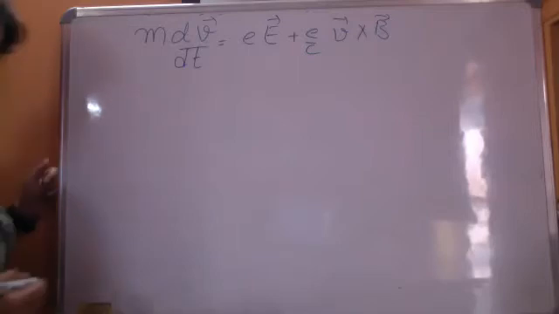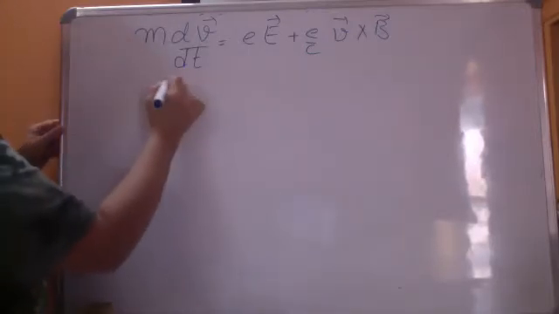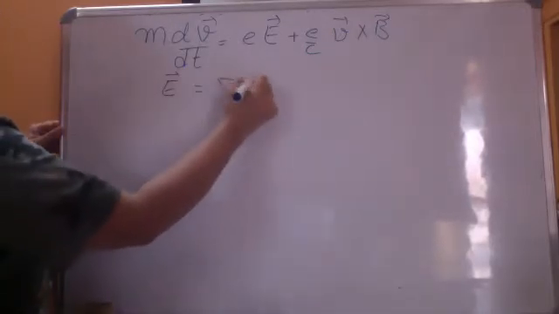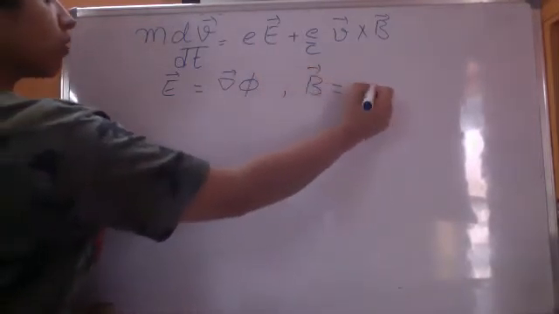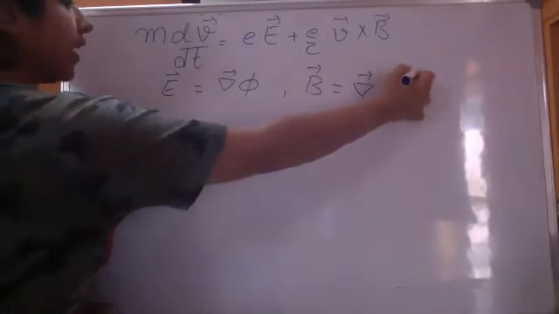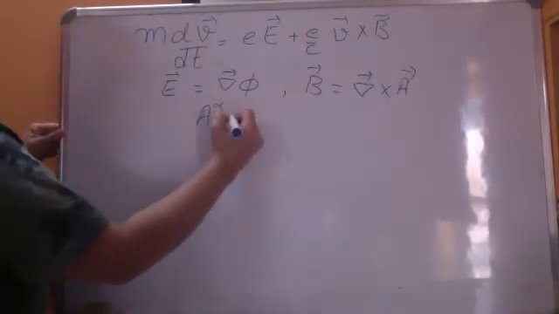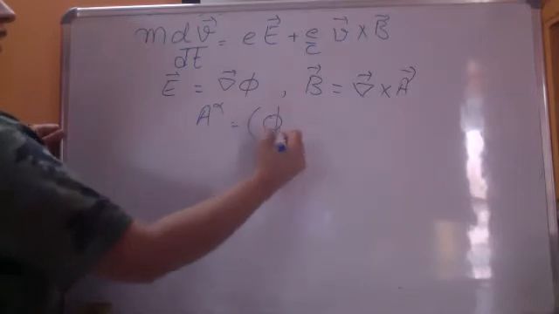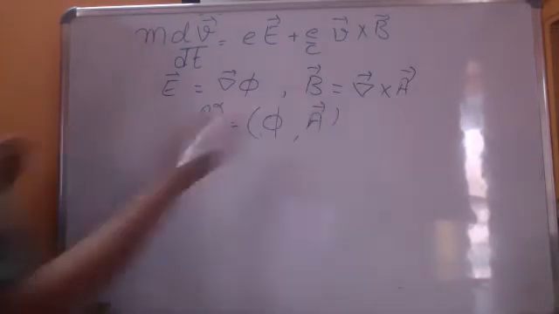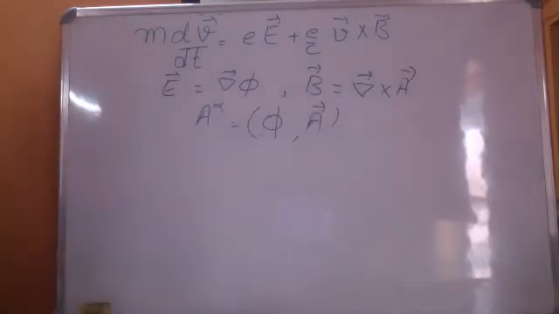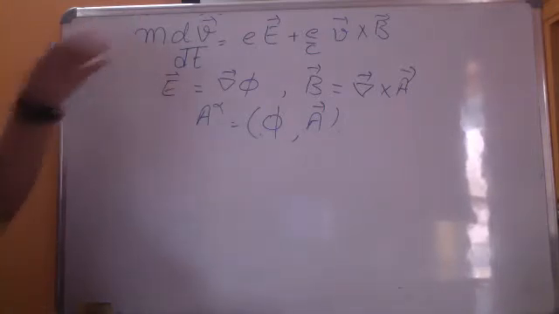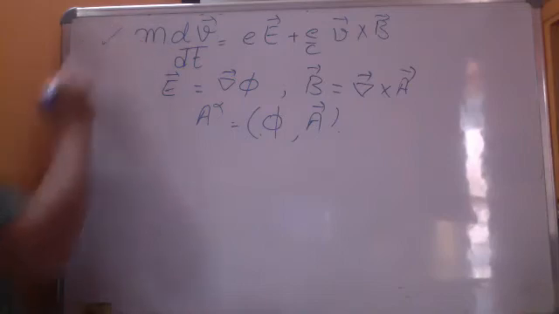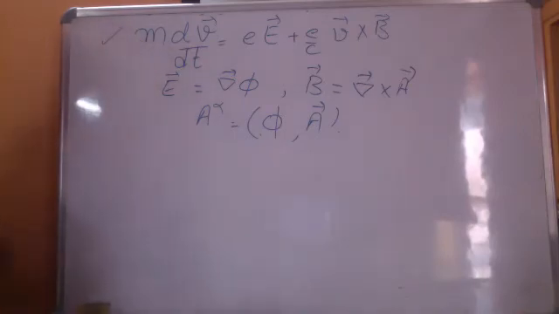And we had seen that E was nothing but grad of phi, and B was curl of A, where phi and A were components of a 4 vector A alpha, right? And we had arrived at, after extremizing the action, this particular equation.